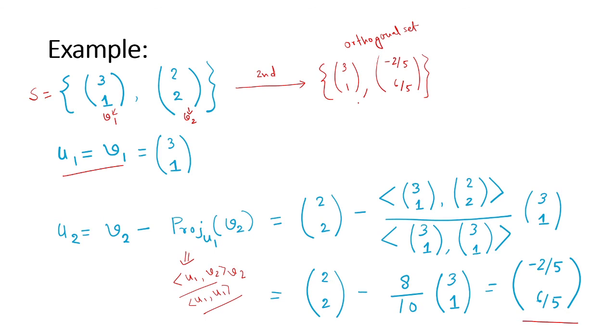You can easily check by plotting these two vectors on graph paper, and you can easily see these two vectors are orthogonal to each other. Now, to get the orthonormal set, how do we do that? We'll just divide each vector by its corresponding norm. Similarly, we'll do the same thing for the second vector.